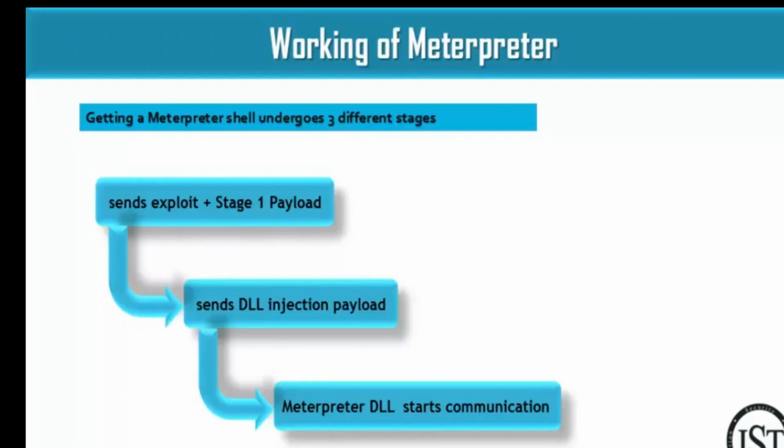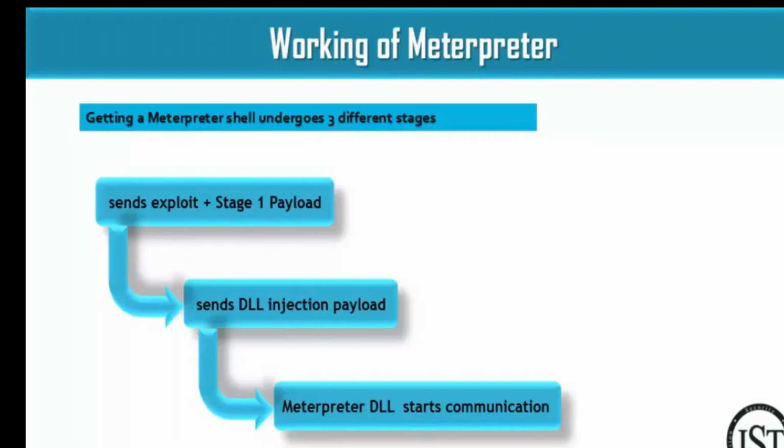During stage 1, the exploit and payload are sent to the victim machine. If both the exploit and payload get executed, the victim machine establishes a reverse connection back to the framework machine, where our Metasploit framework console is running. After this, during stage 2, the attacker machine sends a stage 2 payload which contains DLL injection, and this directly injects into the victim machine.